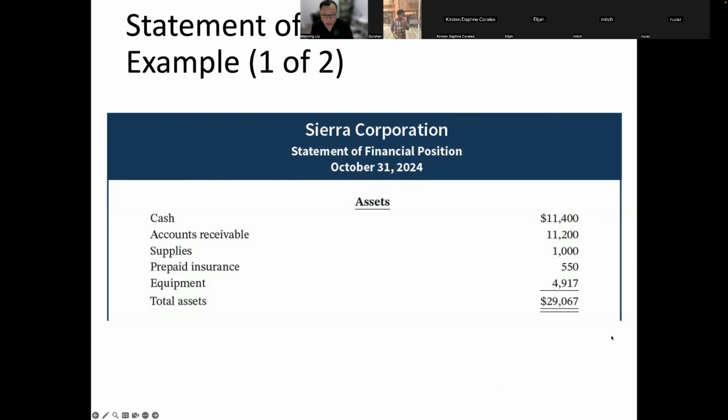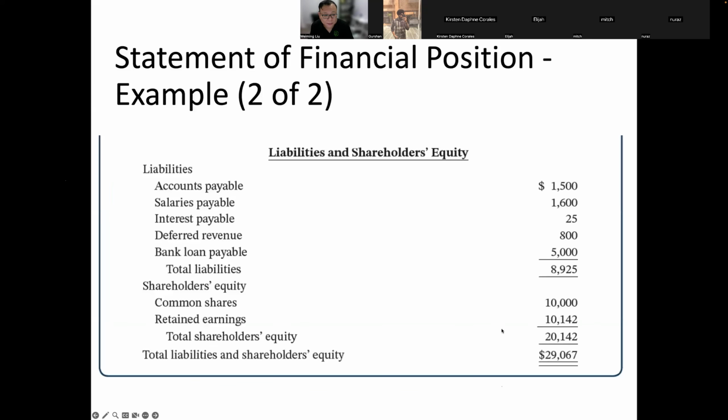So you can see the total is $29,067. Now the liabilities and the shareholders' equity. Let's take a look at the liabilities. Accounts payable, this is the money you owe to the supplier, right? To do the business, you probably have to pay, let's say, a utility company.